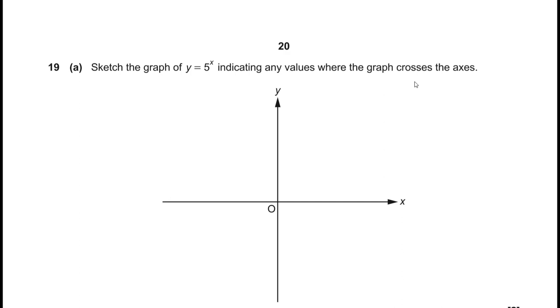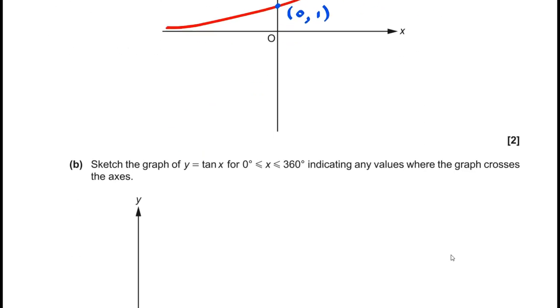Question number 19. Part A, we have to sketch the graph of y equals 5 to the x, indicating any values where the graph crosses the axis. Here is the graph. It crosses the y-axis at the point 0, 1. When x is 0, y equals 1.